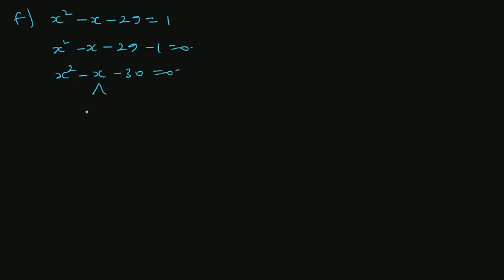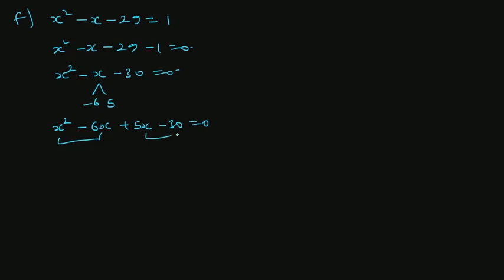Look for two factors of negative 30 that give you a sum of negative 1. So we have, I think, a negative 6 and a 5. Because when we add up negative 6 and 5, we get negative 1 here. And when we multiply, we get negative 30. Expand, we have x squared minus 6x plus 5x minus 30 equals 0.